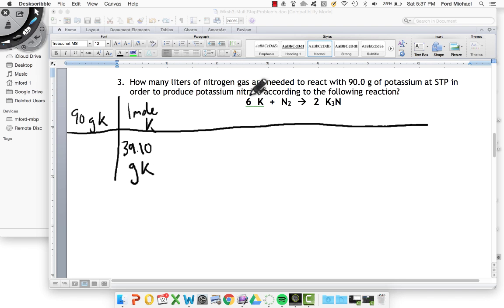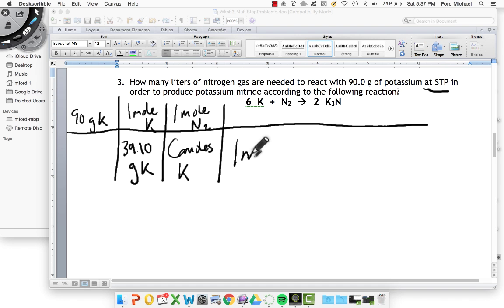Then this happens to be a balanced formula, and we're interested in the relationship between potassium and nitrogen gas. To completely react 6 moles of potassium, it requires 1 mole of nitrogen gas. We are told it's at STP, so we are allowed to say that 1 mole of nitrogen gas is 22.4 liters of nitrogen gas. Liters of nitrogen gas is the unit I'm interested in.